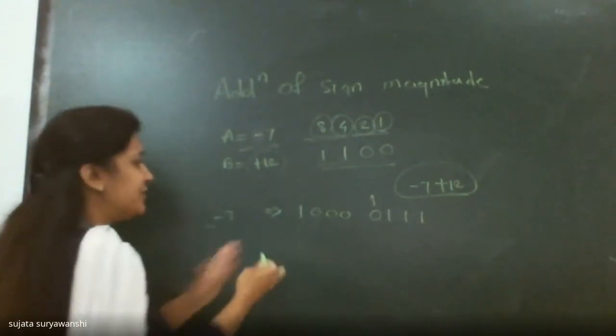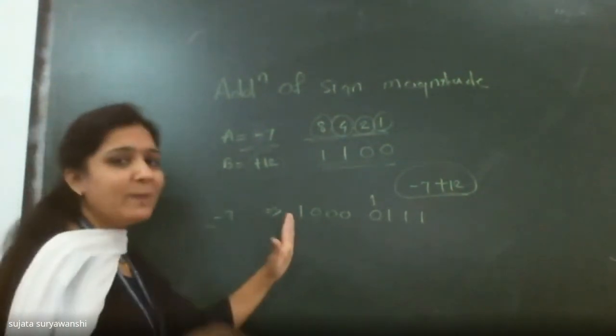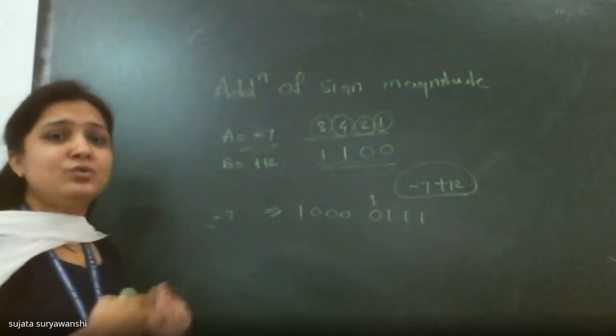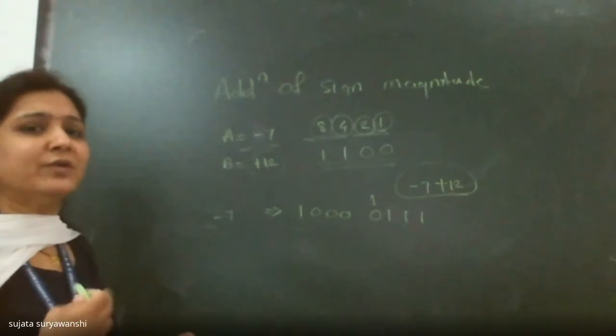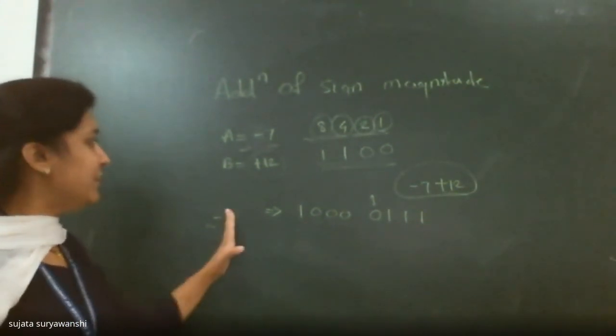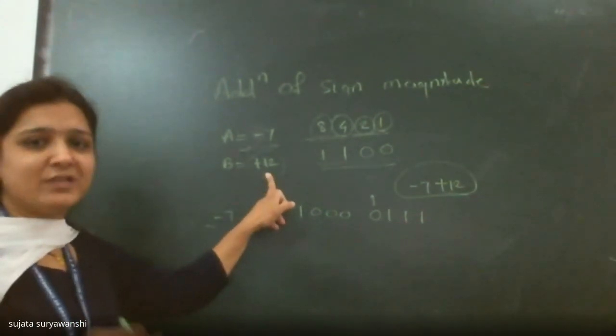It is not sufficient to just replace 0 by 1. You need to first find the 2's complement of 7 to get the negative number, and then only you can add that 2's complement of 7 to plus 12 to get the final answer.